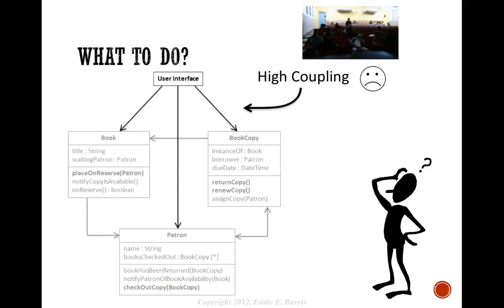So if you were to extrapolate this to a bigger model, there are 1, 2, 3 links for 3 classes. And that is actually kind of high, especially when you consider that there are different kinds of methods and different kinds of services that the user interface will need to access.